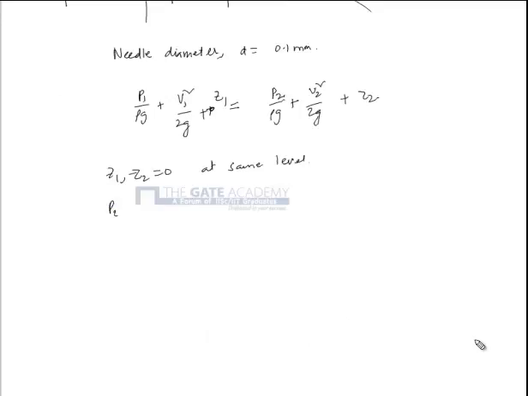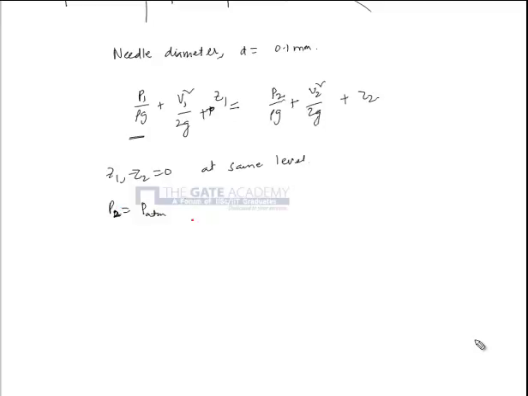Also P2 is taken as P atmosphere. Our objective is to find the gauge pressure here, so let's keep P2 as P atmosphere and find P1.